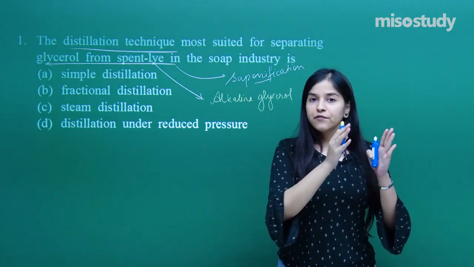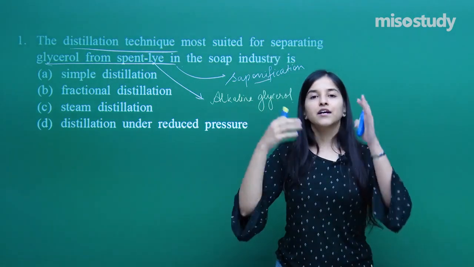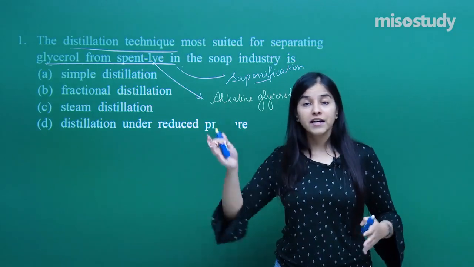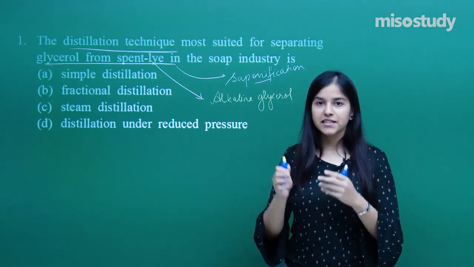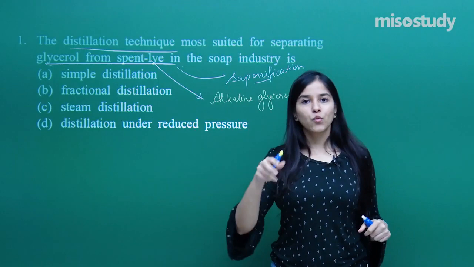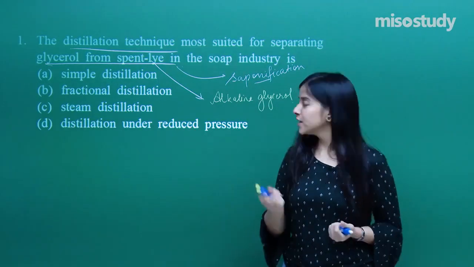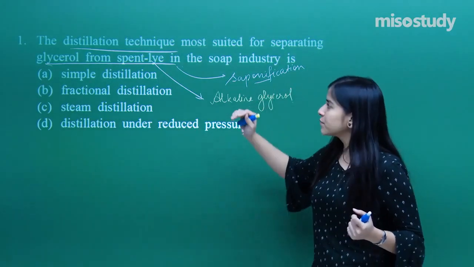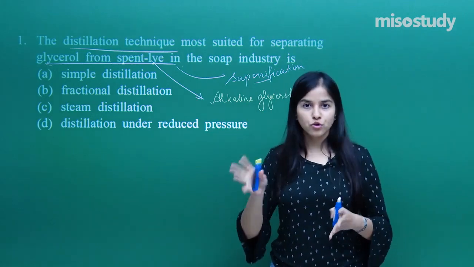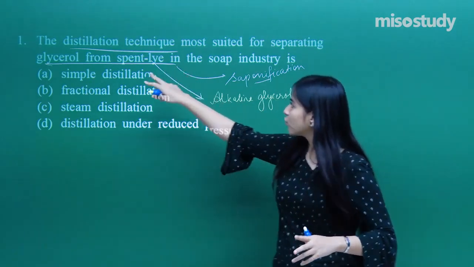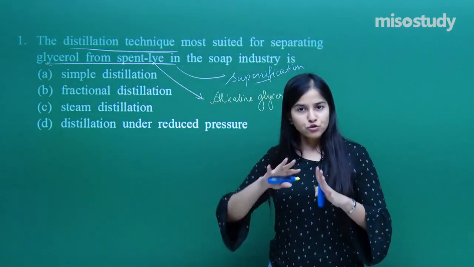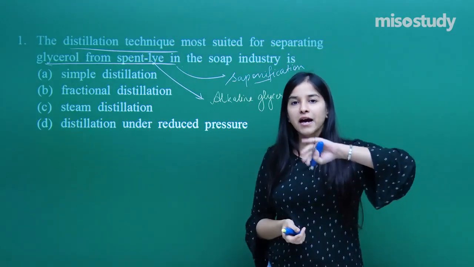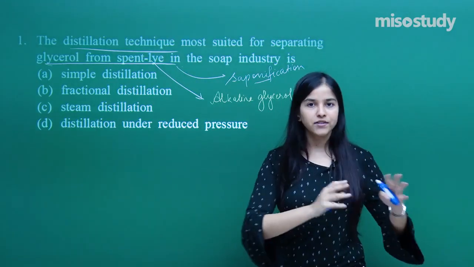When the fat is saponified into the glycerol along with the soap naturally, what is left in the mixture is glycerol along with the soap, that is, the alkaline mixture of both, that is known as the spent lye. So we need to separate it out and take out the glycerol as a whole.